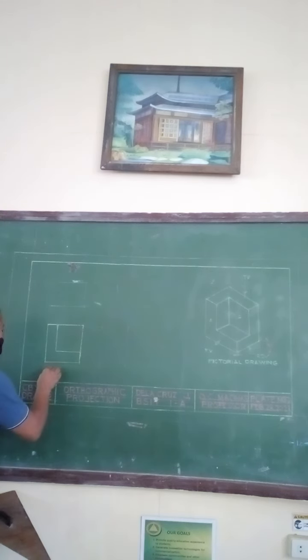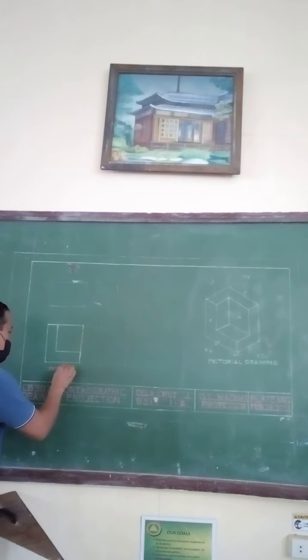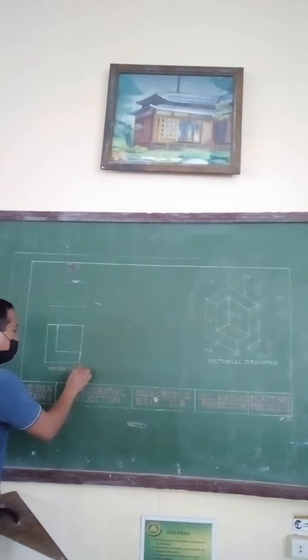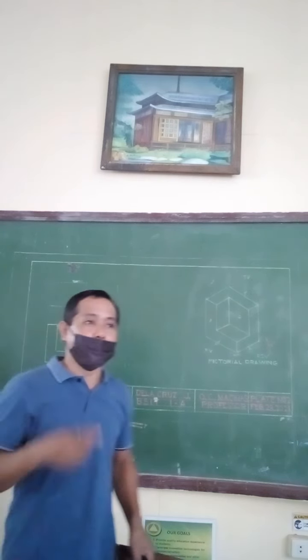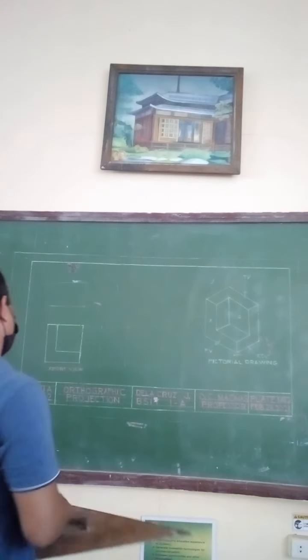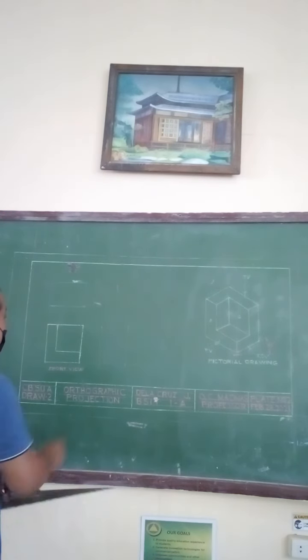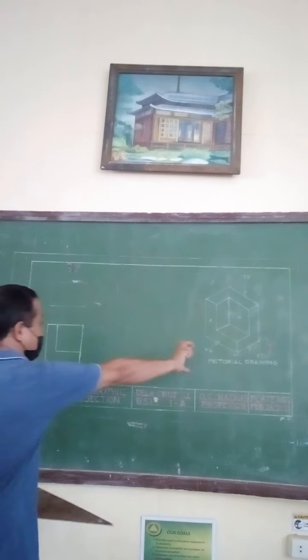We label it front view. Take note that the label of each view must be in the form of proper lettering. And second, how we project the top view and right side view.